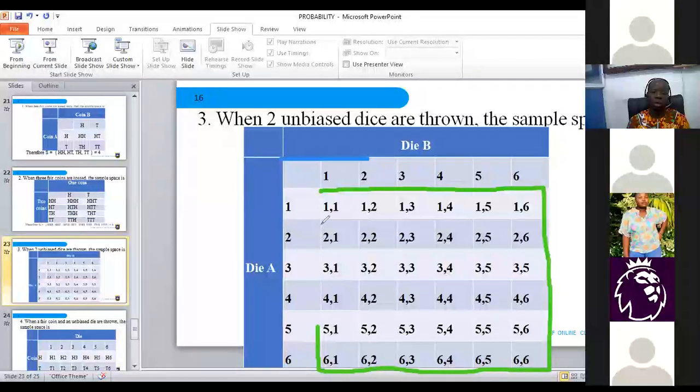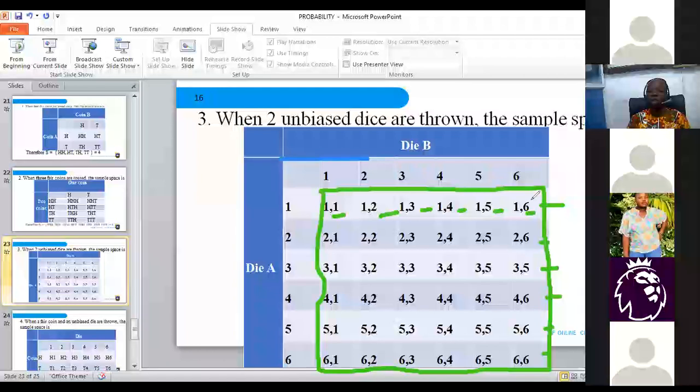If you count them, this will give us 1, 2, 3, 4, 5, and 6 for the number of columns. And the number of rows, as usual, is 1, 2, 3, 4, 5, 6. So the number of rows is equal to 6, and the number of columns is also equal to 6.